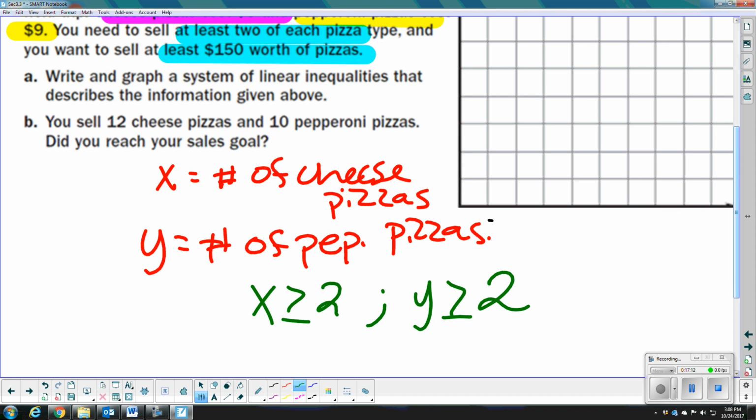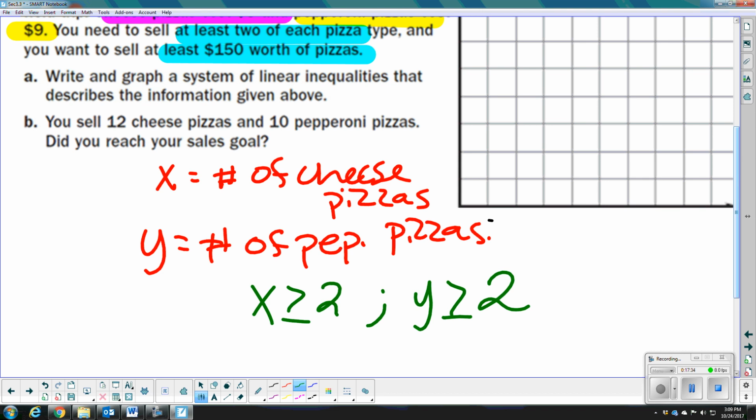So what inequality can we write to talk about the money that we're going to make from these pizzas? Each cheese pizza costs $8, each pepperoni pizza costs $9.